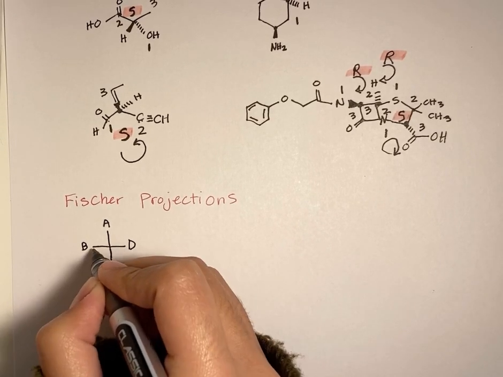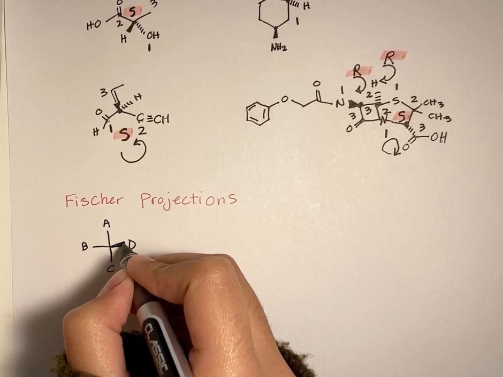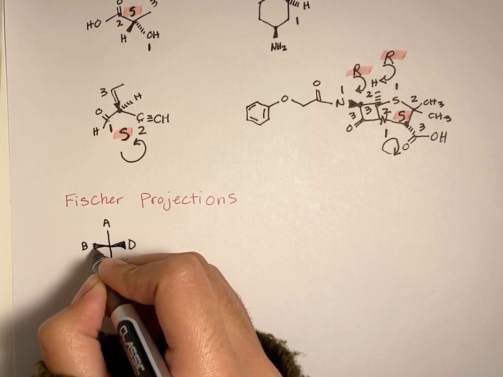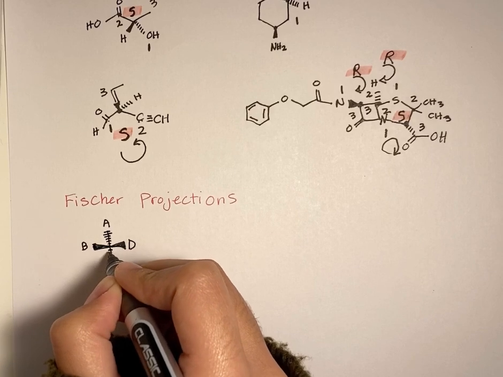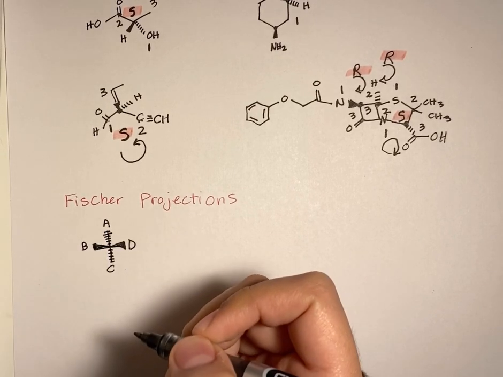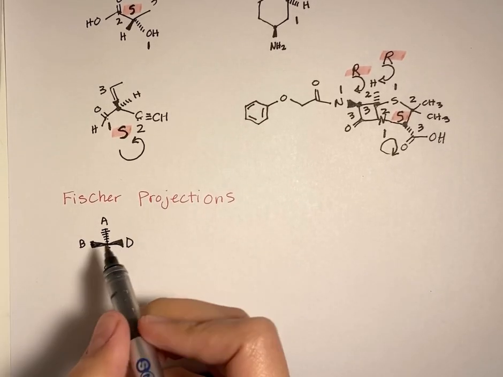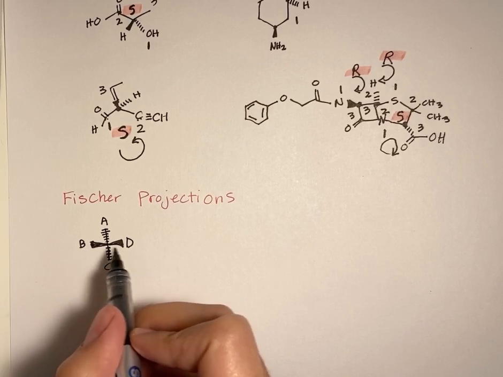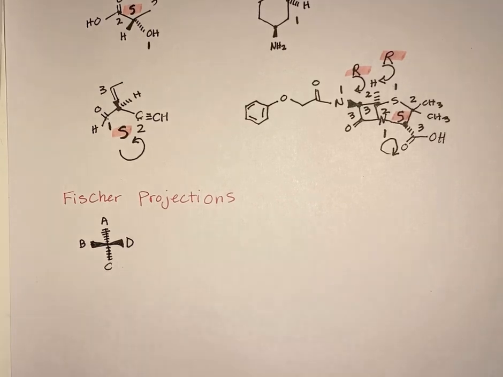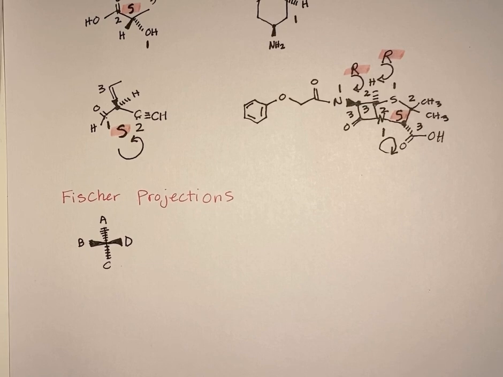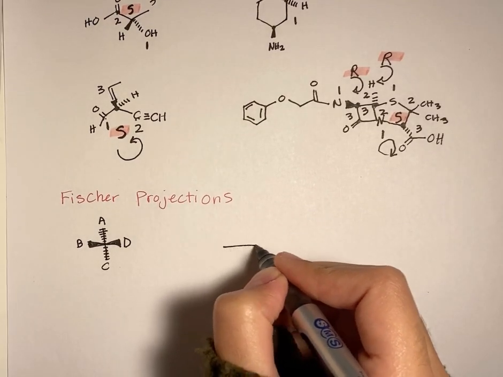The horizontal ones are the ones coming out of the page. So these are the wedges, and then here to the back of the page, you have A and C. They usually put the hydrogen in the place of B or D. Therefore, you usually have to reverse the configuration that you assign, but that's not always the case, but it usually is. So we're going to be looking at two examples here.